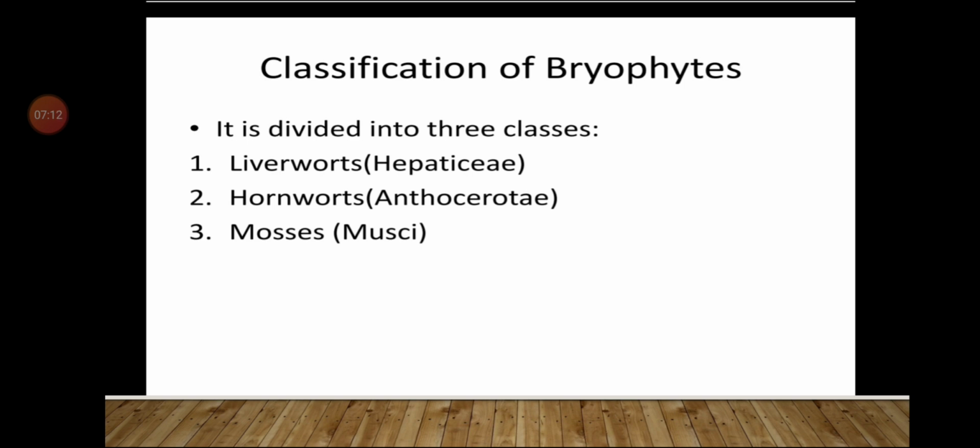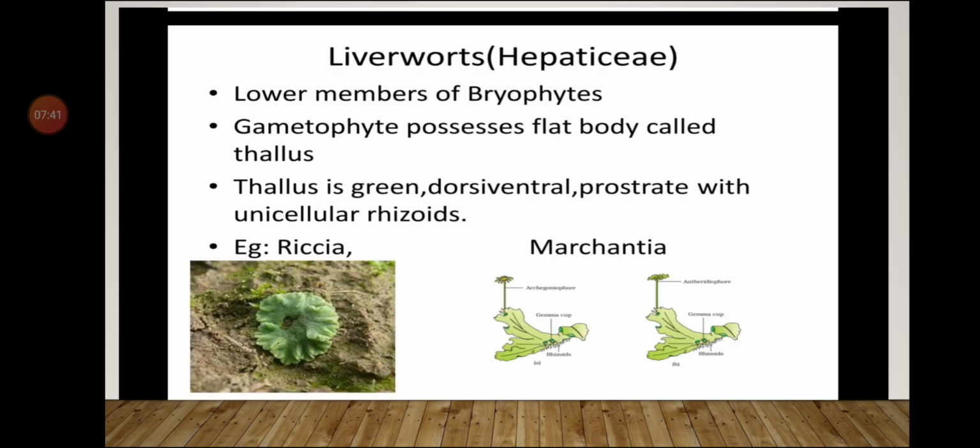The other name for liverwort is Hepaticae, for hornwort is Anthocerotae, and for mosses is Musci. So bryophytes are divided into three classes.